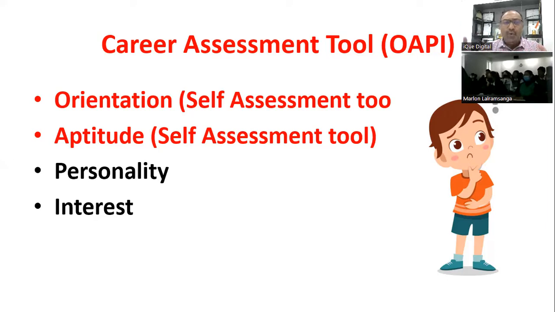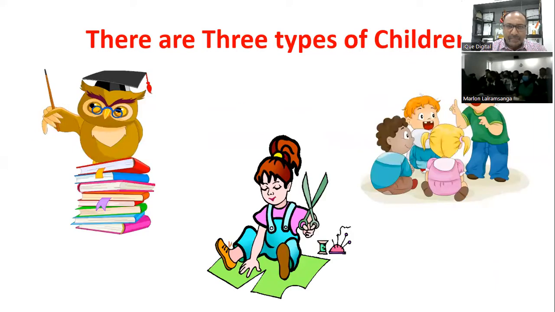Since this entire tool is quite lengthy, I will talk to you about the two main pillars, orientation and aptitude, in detail. If you are able to figure out these two things about yourself, I'm sure 90% of students will have clarity on what stream, vertical, career option they should proceed with as far as their graduation is concerned.